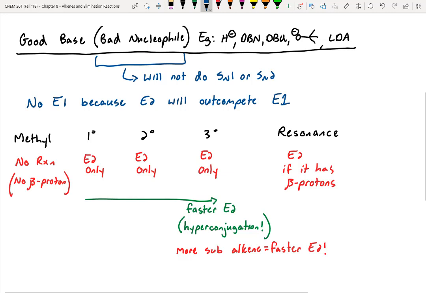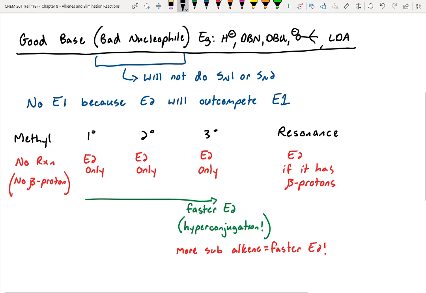What's the fastest reaction in chemistry? Acid-base chemistry. So this first step is acid-base chemistry. That's going to be faster than your leaving group falling off, right? So acid-base chemistry is the first step in an E2 reaction, where it's the second step in an E1 reaction. So it's just simply a competition game we're playing here. Does that make sense?